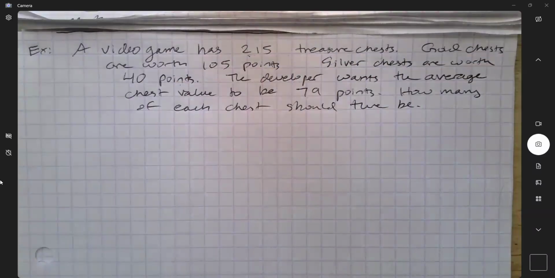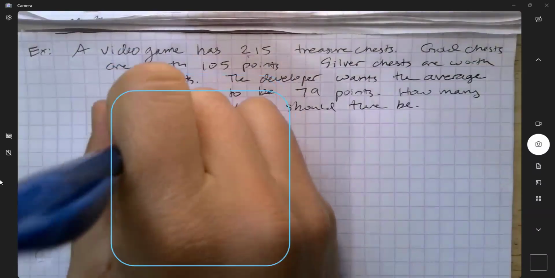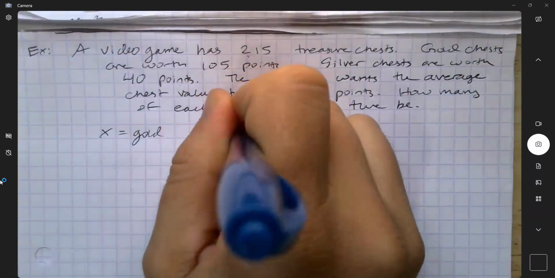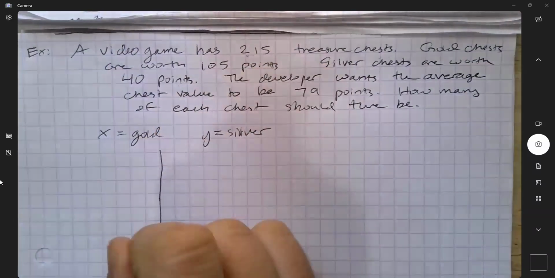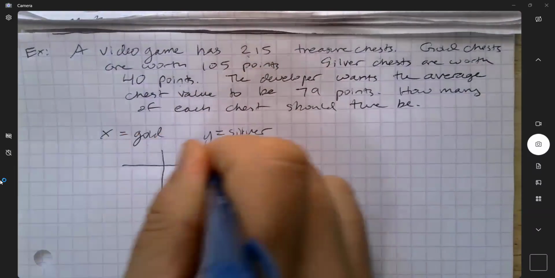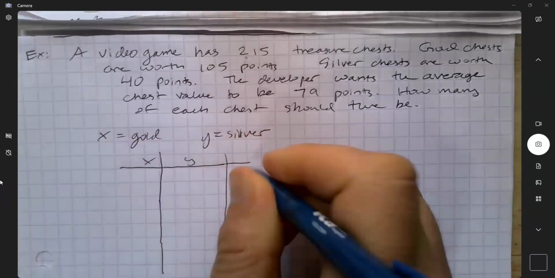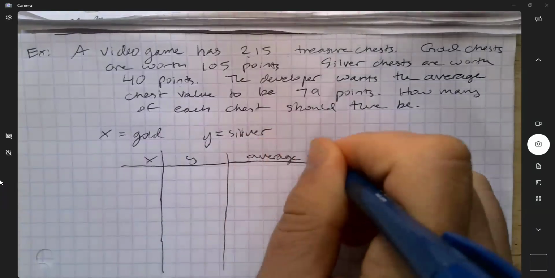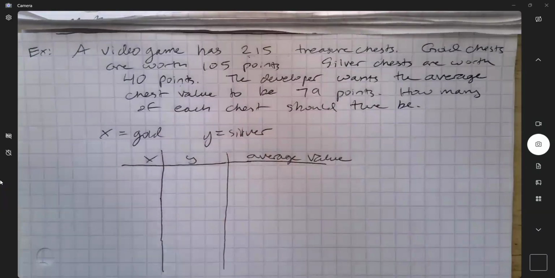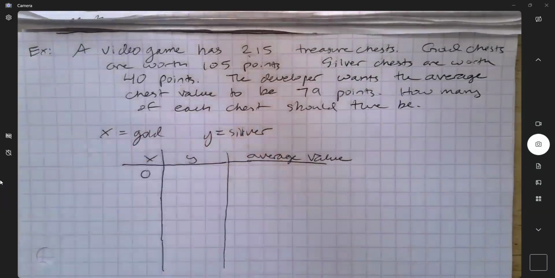Okay. So if I have no idea where to start, maybe I don't even know how to set up the symbolic form, I could just try something. I could try x is the gold, y is the silver, and I can build myself a little table: x, y, and average value. So one way you might start is by saying, okay, how about 0 gold chests?